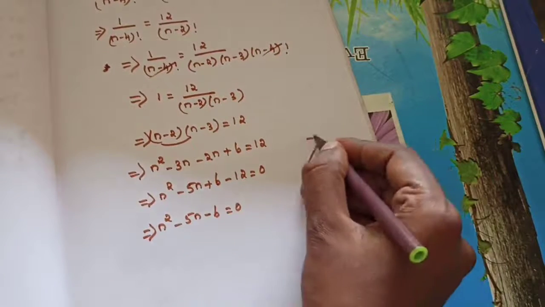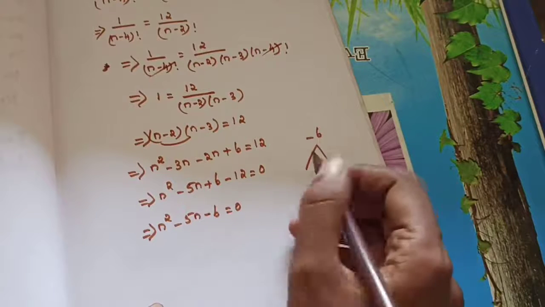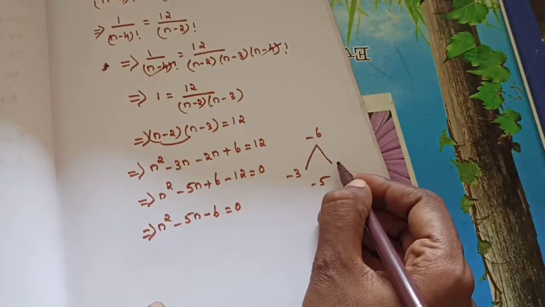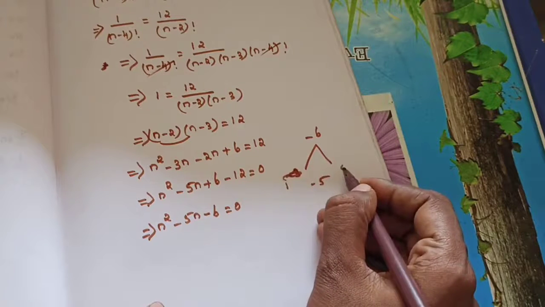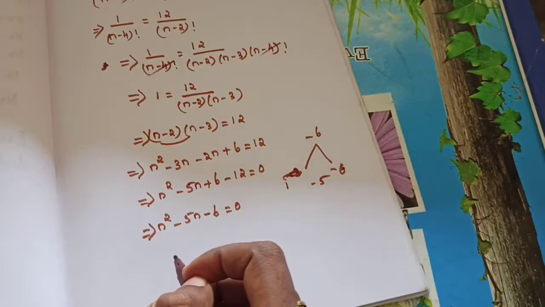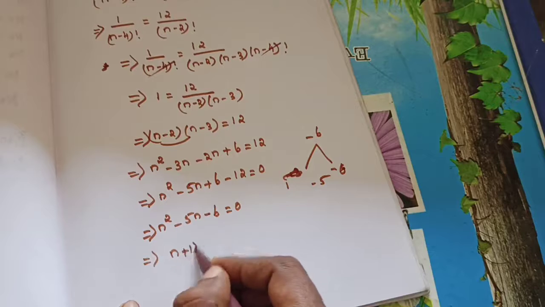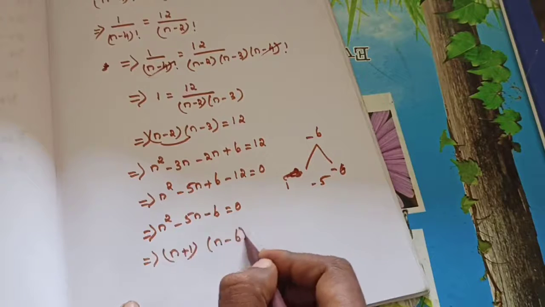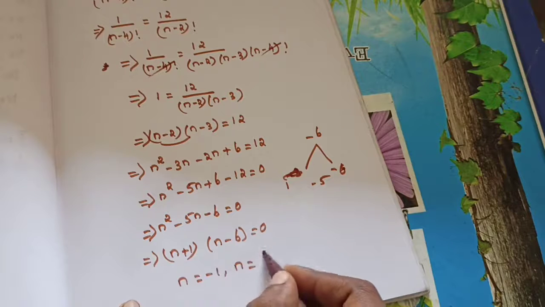Now you factorize: multiplication factor minus 6, adding factor minus 5. So 1 and 6, minus 6 and plus 1, check it. So the factors are N plus 1 and n minus 6. So n is equal to minus 1, n is equal to 6.